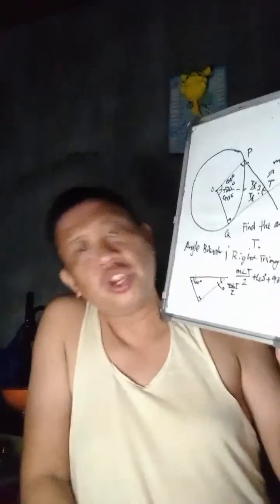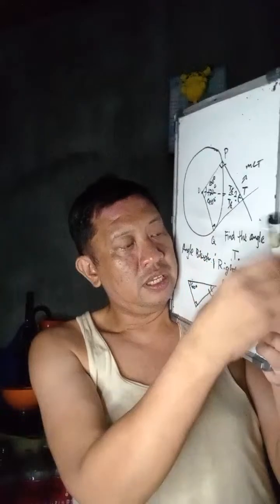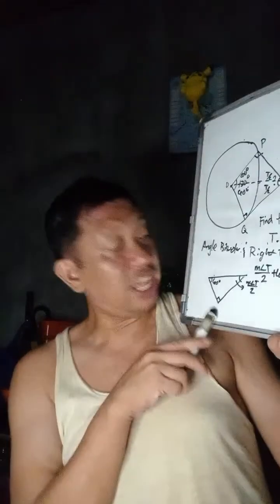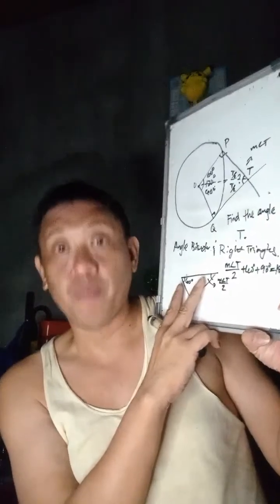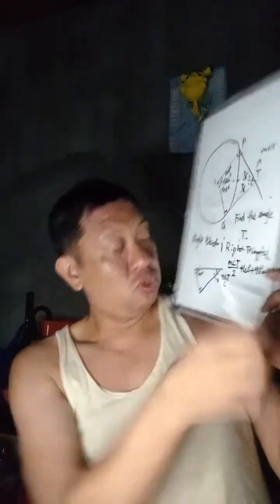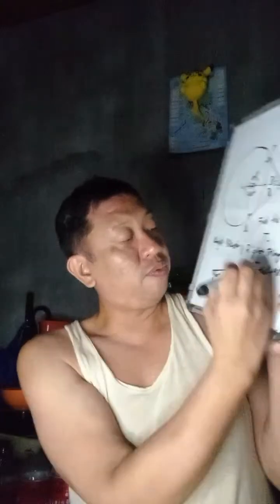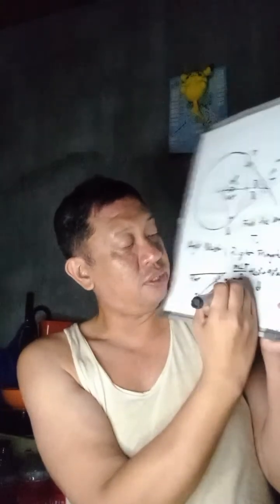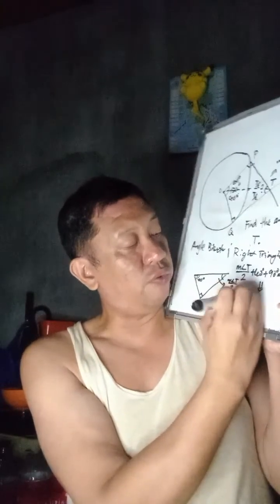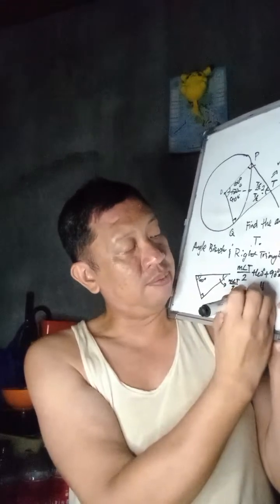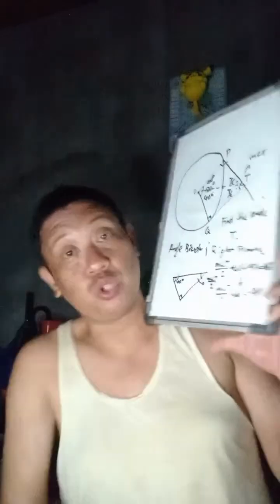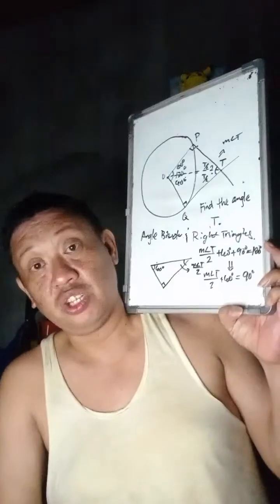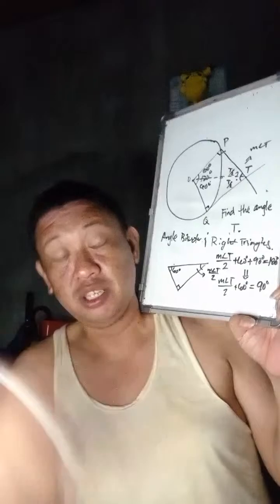Or, there's also an option that since this is 90 degrees, the remaining angles will be complementary. So, that's further simplified as the measurement of angle T over 2 plus 60 is equal to 90 degrees. Of course, there's also the fact that if I transpose 90 degrees to the other side, that'll be 180 minus 90, you'll get 90 degrees.